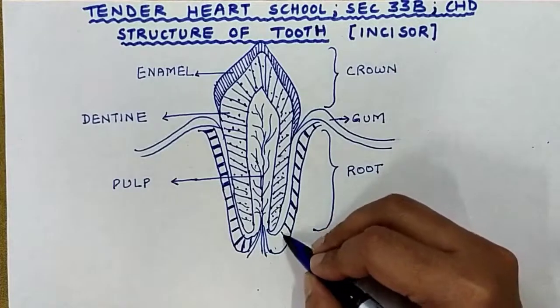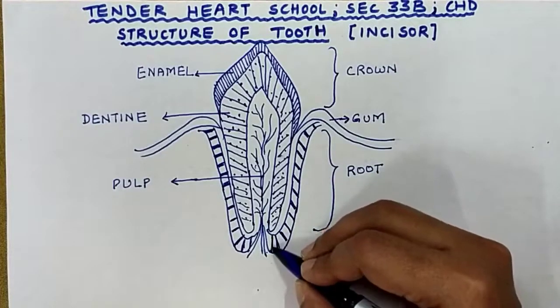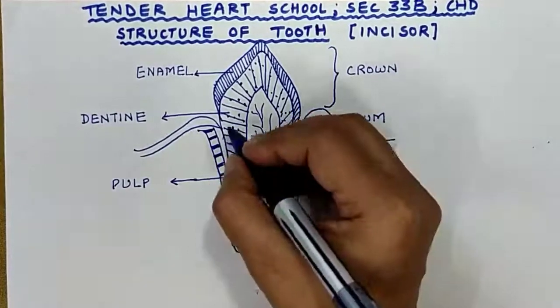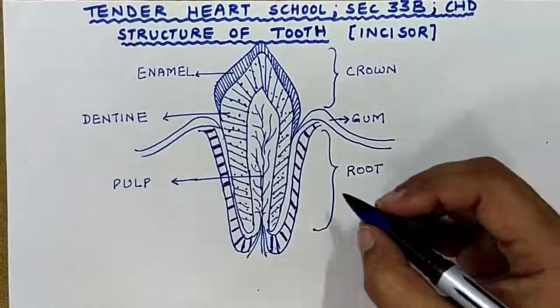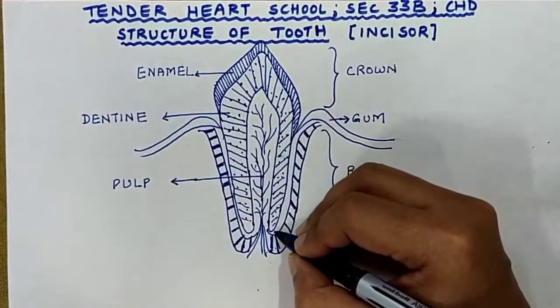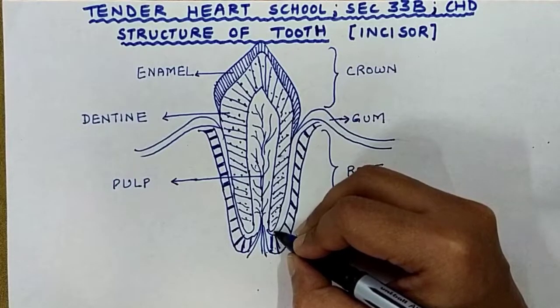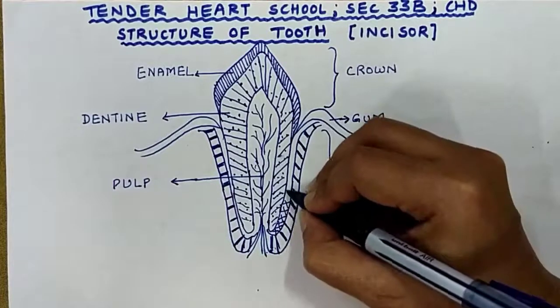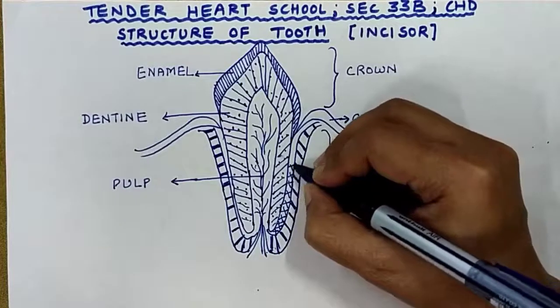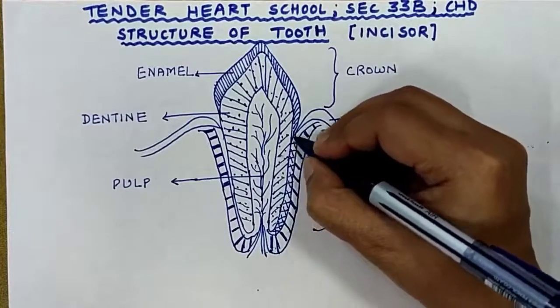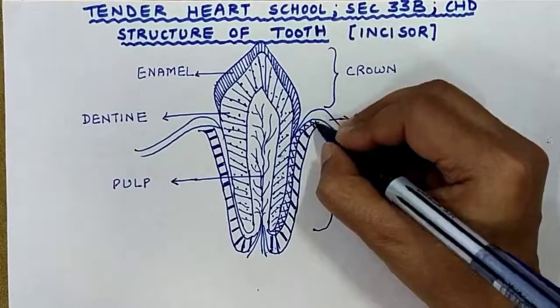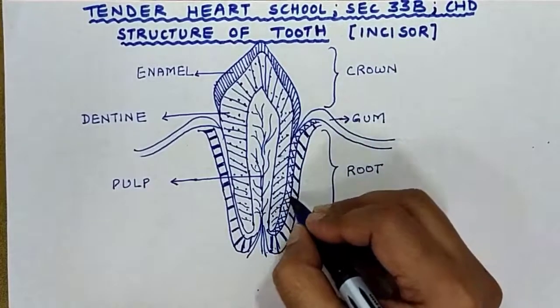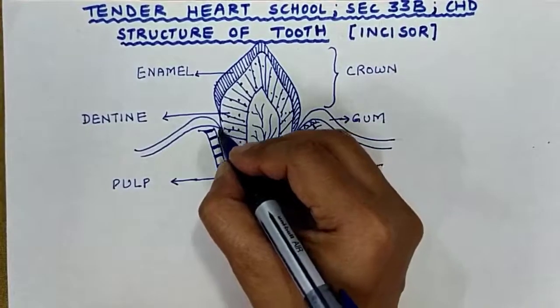Got it? So this part, this is the cement region. Cement is the structure which is holding the tooth in position.